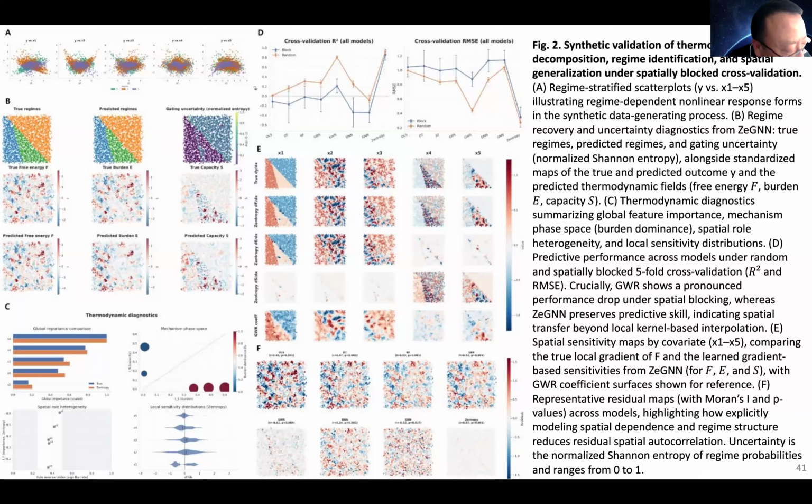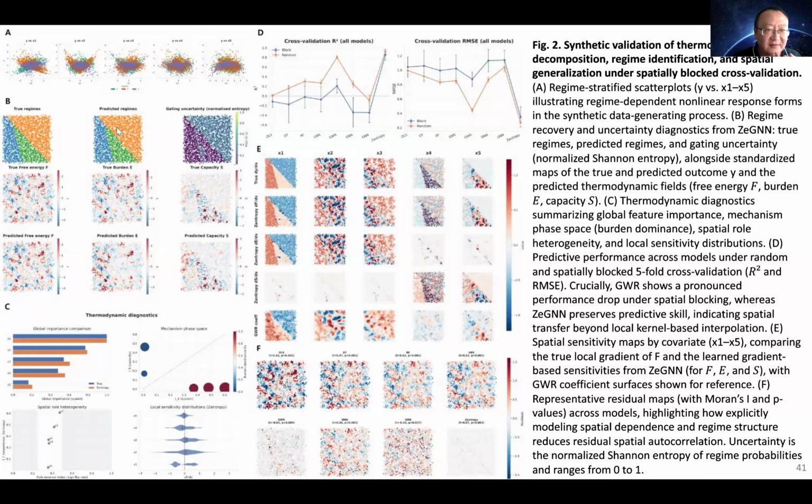I don't have time to explain that more, but the regime here is more like a spatial cluster. In one area, the relationship in the spatial system is functioning in a similar way, and in the other area it is functioning in a different style. The relationship holds similarly within one regime. So in this simulation we have the two regimes, as you can see from the shape here.